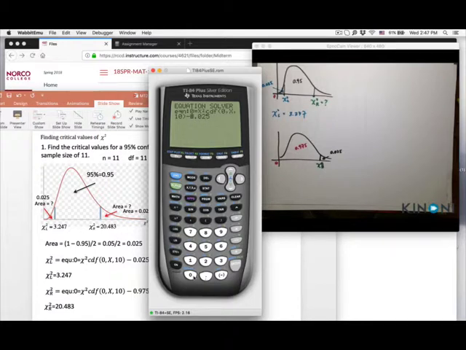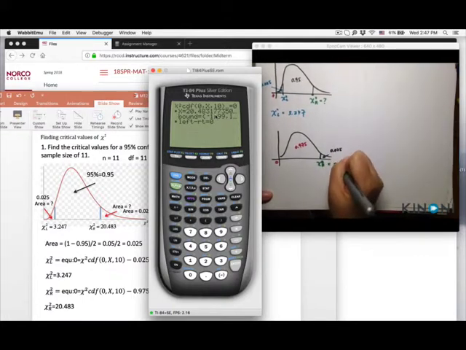That will be 0.975. Okay, enter. Once you have x equal to, click on alpha, enter. Okay, you can see it running. Now you find there's a 20.483. So the chi-square to the right would be 20.483.